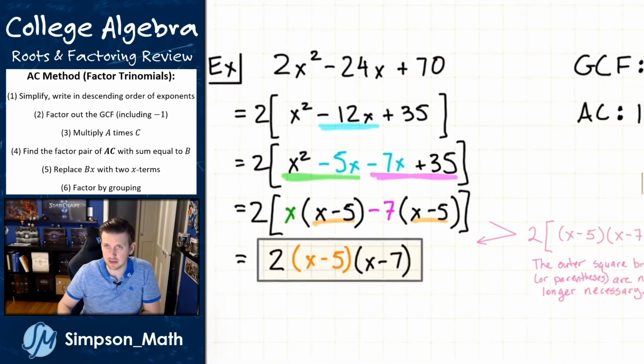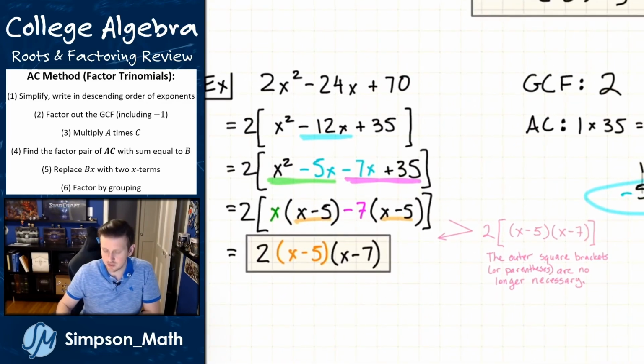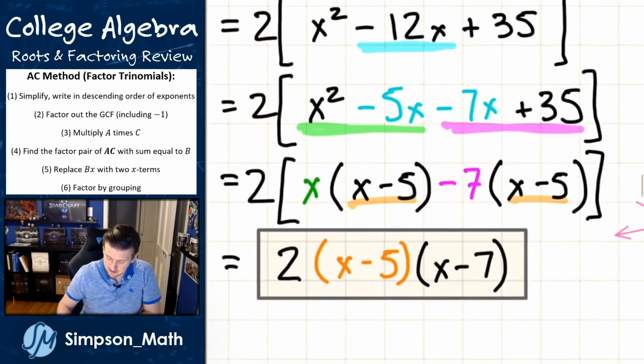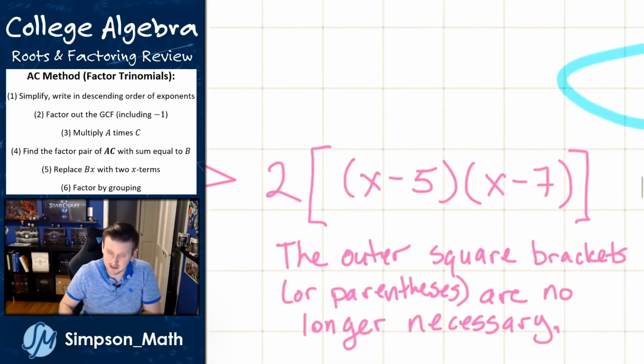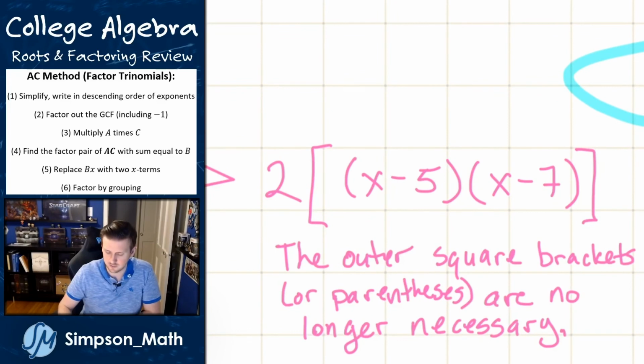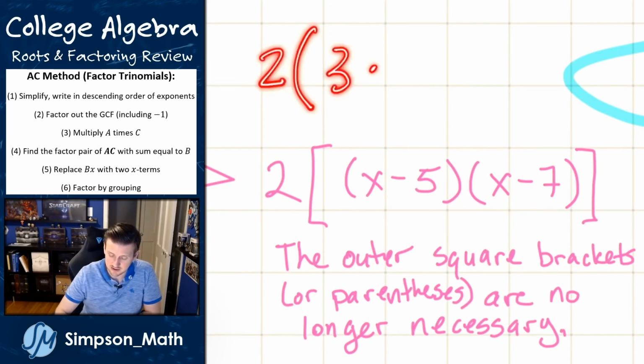One note about what happened to the square brackets. Notice right here, I might be tempted to write this step keeping those square brackets or keeping a set of parentheses. They're not needed at this point. This is 2 times this. Just imagine if I said 2 times 3 times 5.